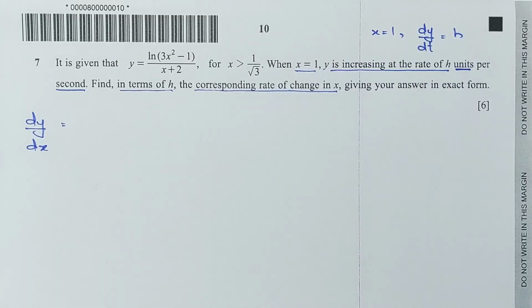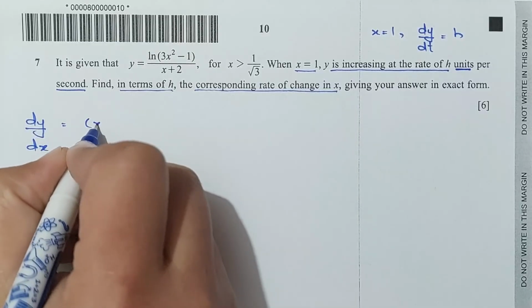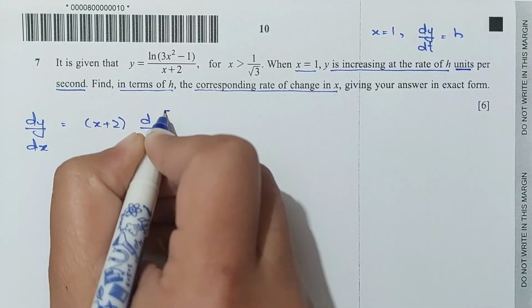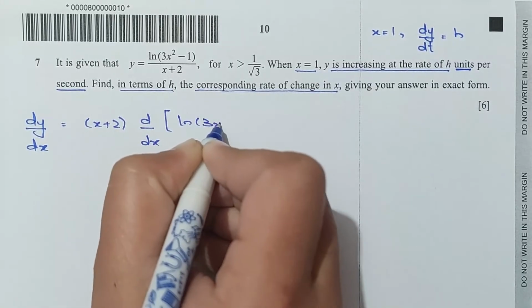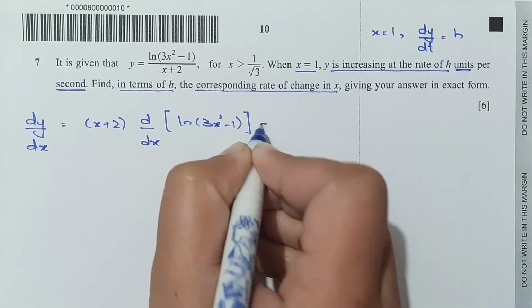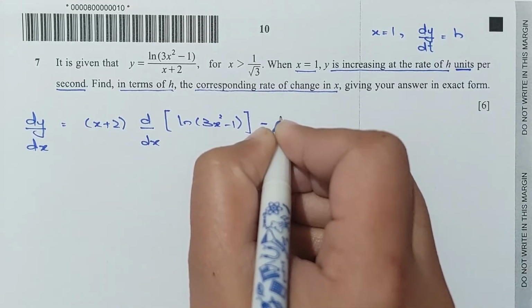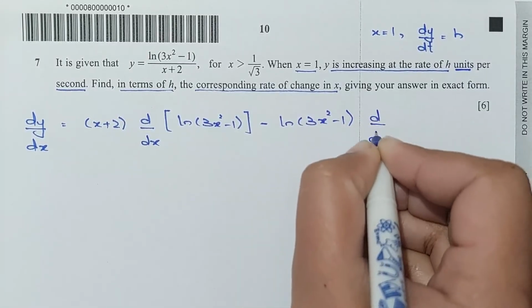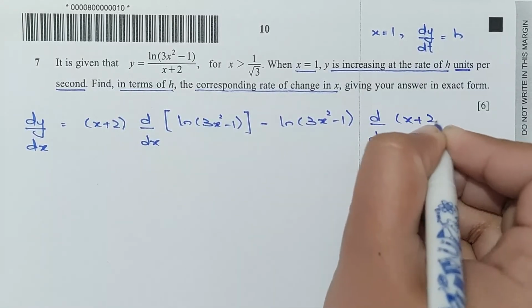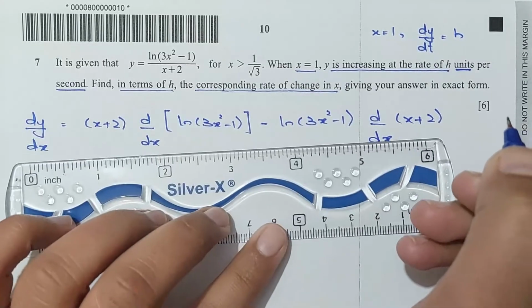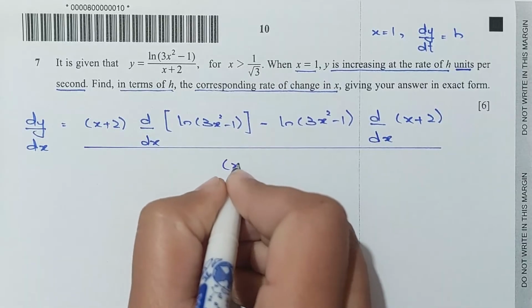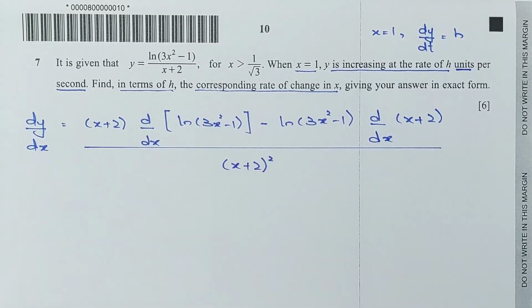It's a quotient rule. So denominator function first, times the derivative of the numerator function ln of 3x square minus 1, minus the numerator function times the derivative of the denominator function x plus 2, divided by the denominator function squared.